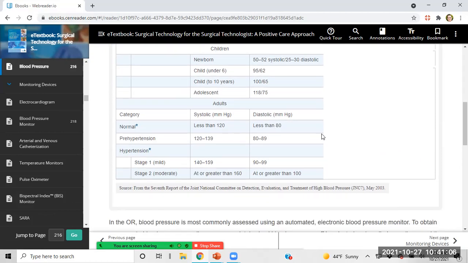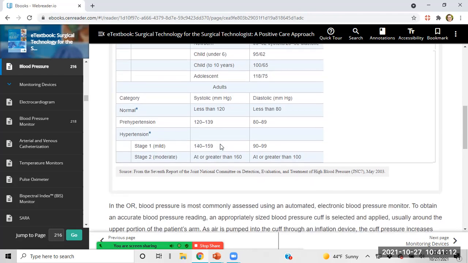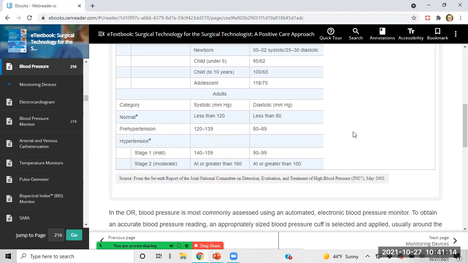And then in adults, it changes, okay? Because then we have a lot more stress, and usually a different diet and exercise regime. So normal textbook is 120 over 80, no more than 120 over 80. Pre-hypertension is anything above 120 or above 80.